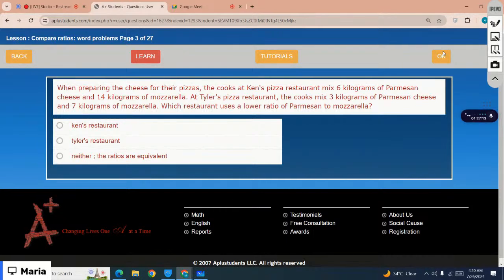When prepping the cheese for their pizzas, the cook at Ken's Pizza Restaurant mixes 6 kilograms of Parmesan cheese and 14 kilograms of mozzarella. At Taylor's Pizza Restaurant, the cook makes 3 kilograms of Parmesan cheese and 7 kilograms of mozzarella. Which restaurant uses a lower ratio of Parmesan to mozzarella? Which is the correct option?